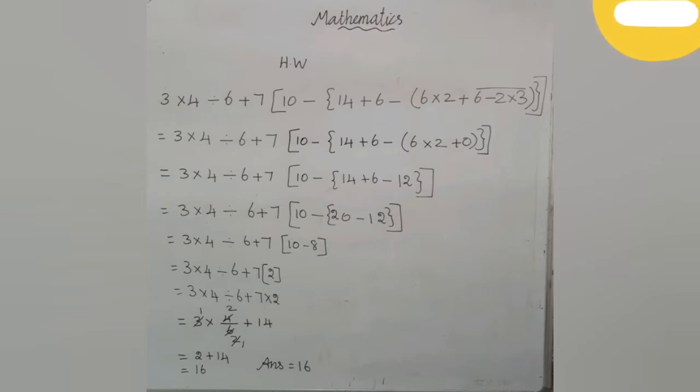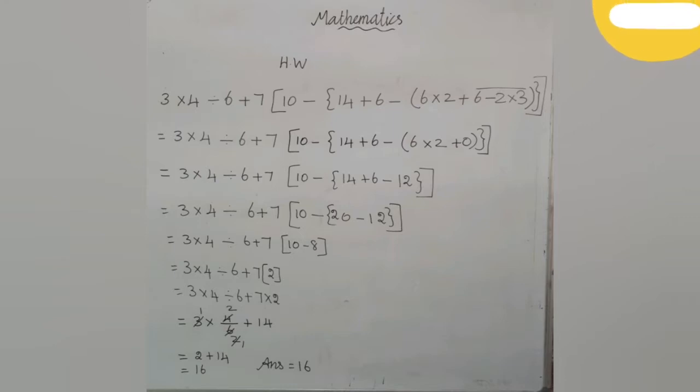First we can write 6 and 4 using the 2 table. 2 twos are 4, 3 twos are 6. Then we can use the 3 table: 3 and 3 we can cut, isn't it? Now we get 2 plus 14, which is equal to 16. Now this answer is 16, isn't it?